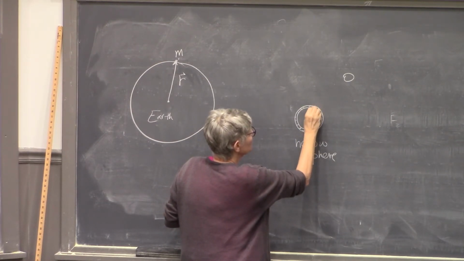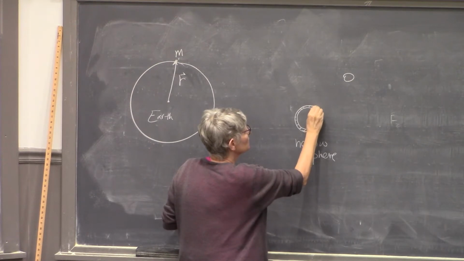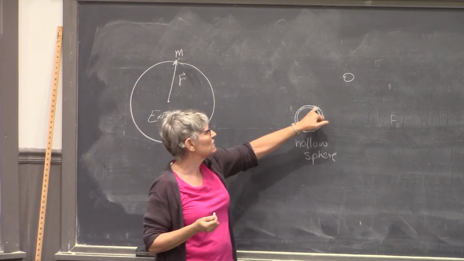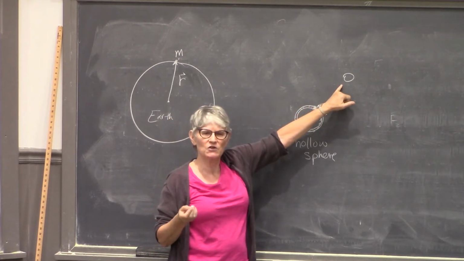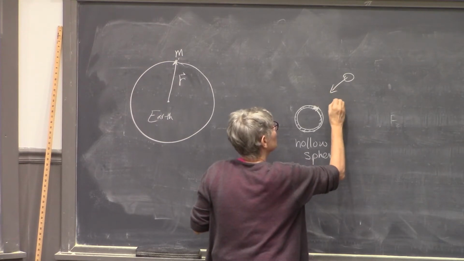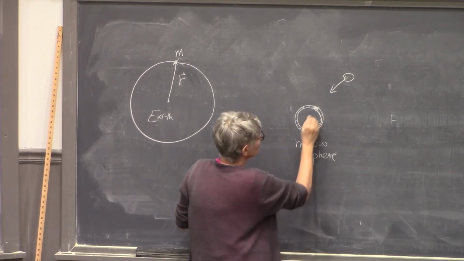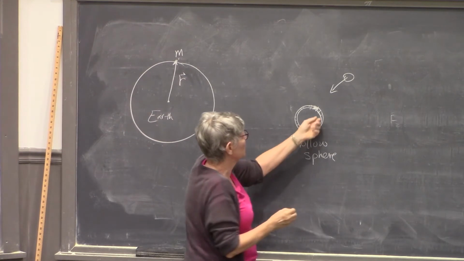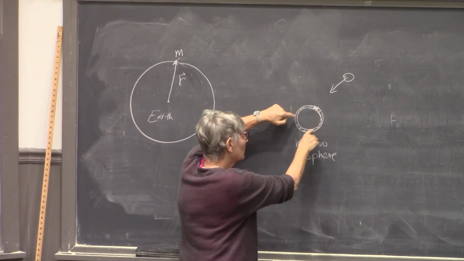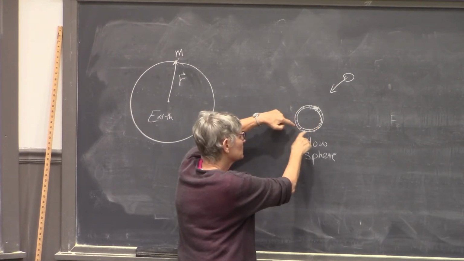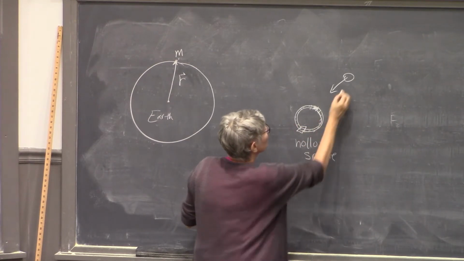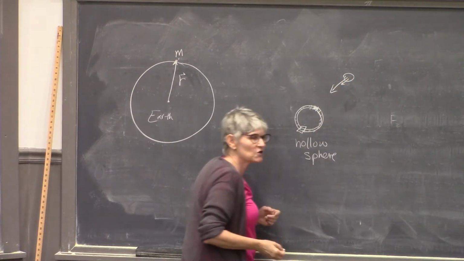because if we take a little piece of the sphere, this little piece is pretty close to our object, so it's going to exert a big force. There are a few other pieces close to the object that exert a big force. But there are a lot more pieces that are far away, and a piece down here is going to exert a much smaller force.